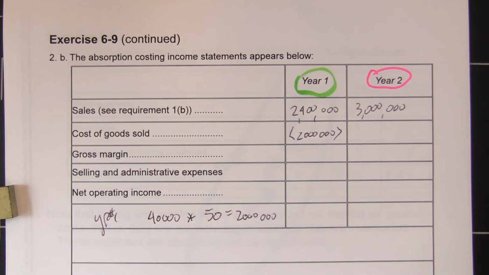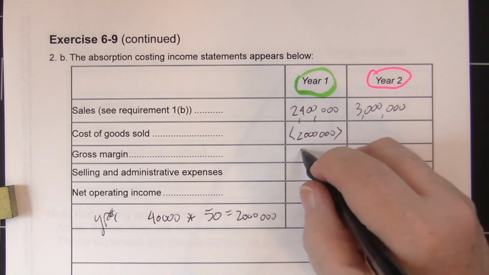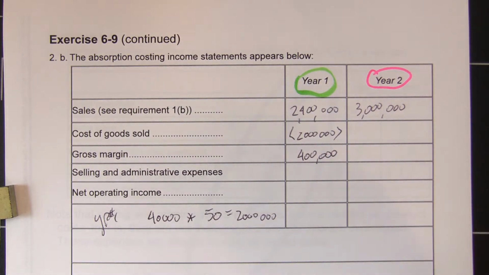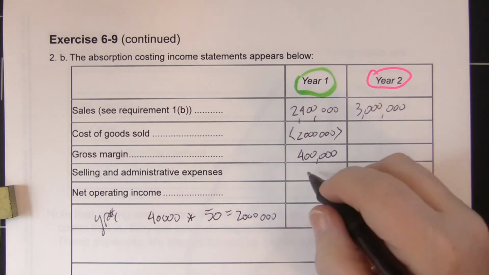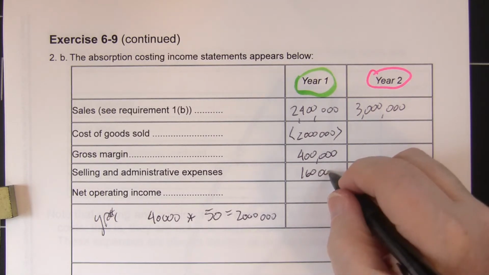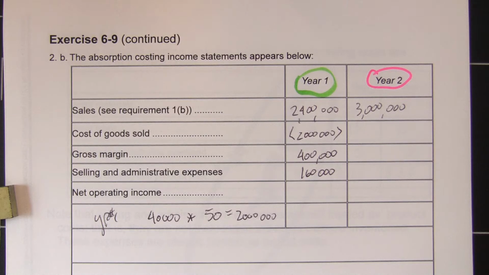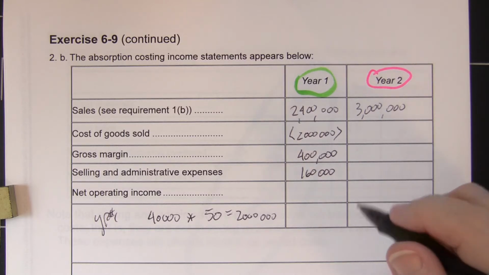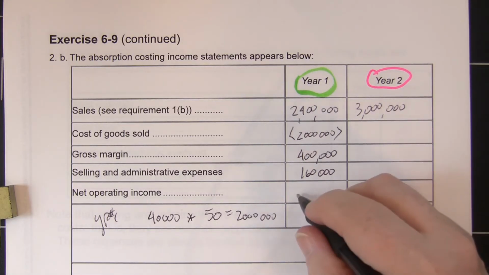Remember, this is the traditional format, so we don't have contribution margin, we have gross margin, 400,000. We have 160,000 of selling and administrative expenses. That was the information they gave us to start this whole mishigas. And that gives us net operating income of 240,000.